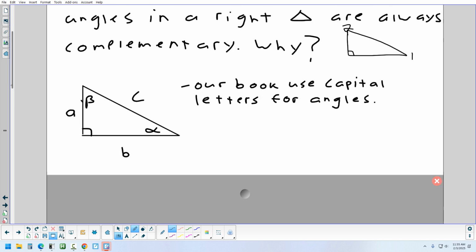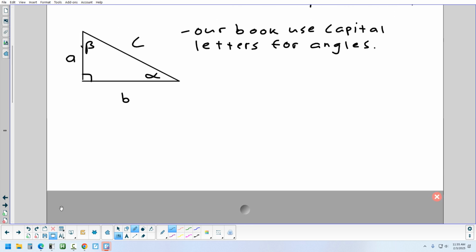All right, so now let's find a couple things in this diagram. Let's find the sine of alpha. What's the sine of alpha going to equal in that diagram? A over C. Yep.